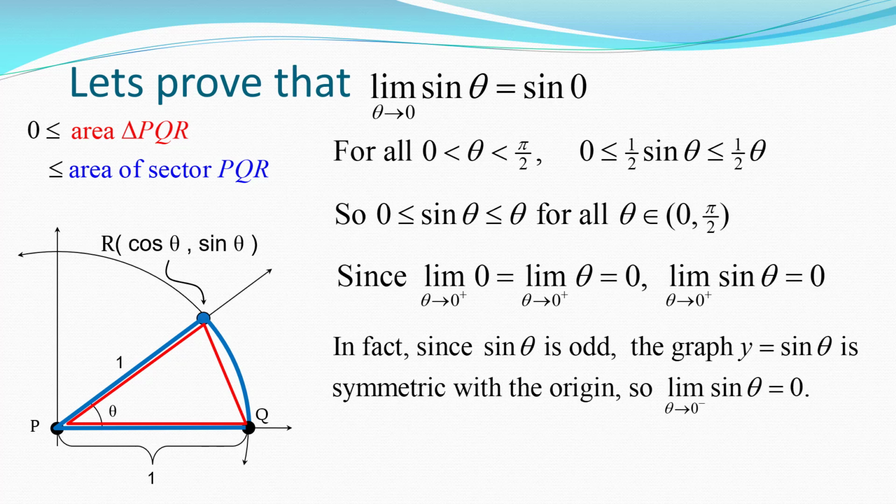So in each case, from the left or the right, the limit is 0. So by the limit law I just gave you today, that means the whole limit must be 0. And we notice that 0 is the same as the sine of 0. So that proves then the limit of the sine of theta as theta approaches 0 is the sine of 0.